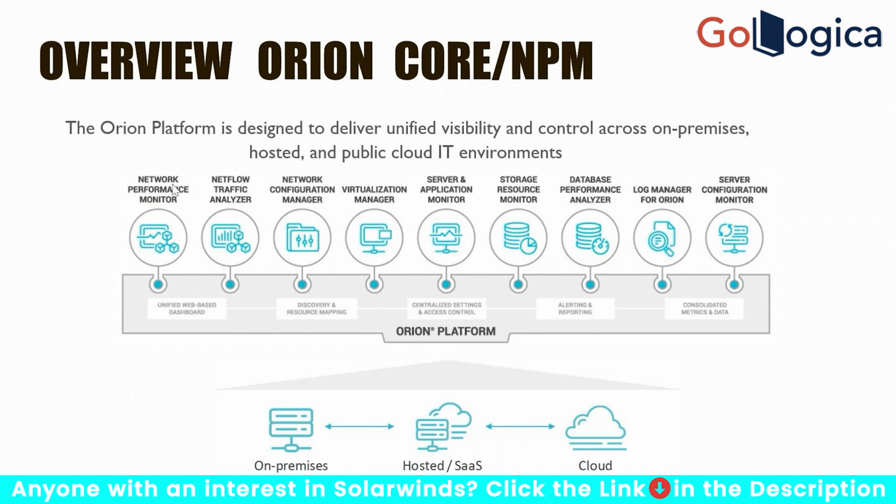Then using NetFlow Traffic Analyzer, we extend the monitoring to our NetFlow: what traffic is coming into our network devices, where it is leaving, who is consuming the most, and who is talking to whom.